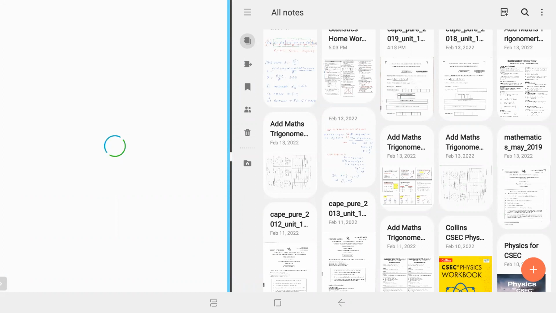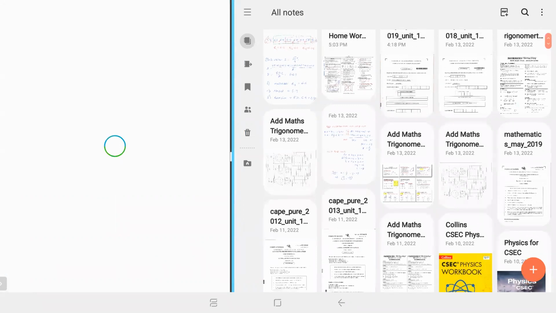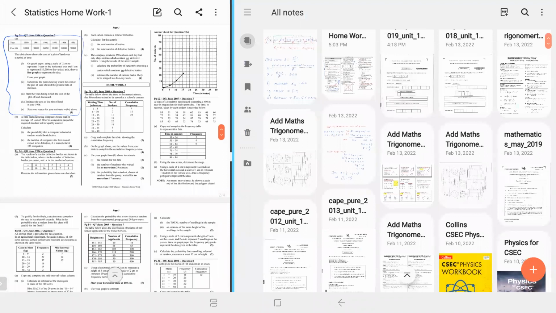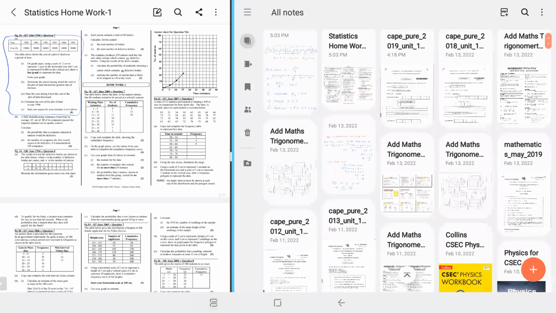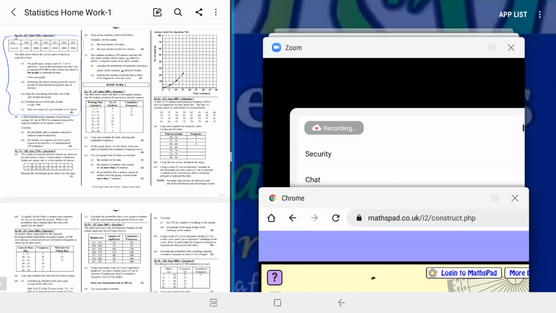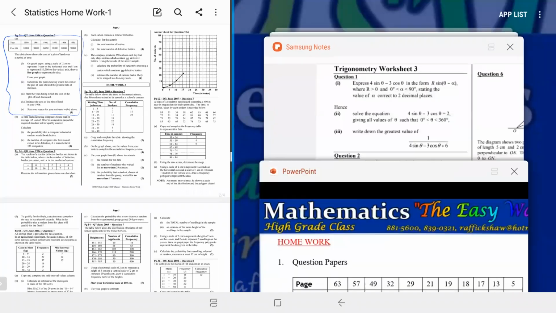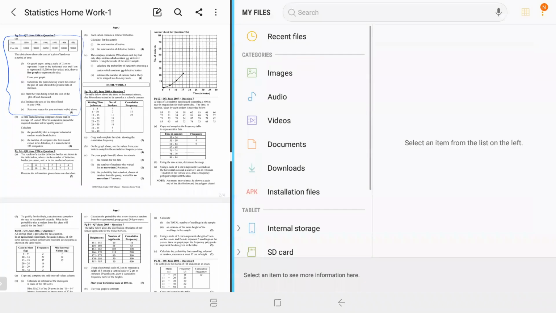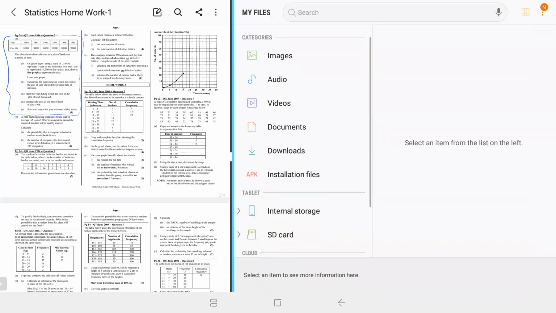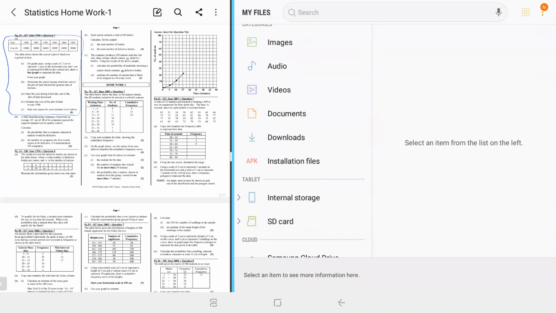Right, it's just kind of slow. All right, let me see if I can find graph paper. 2017.